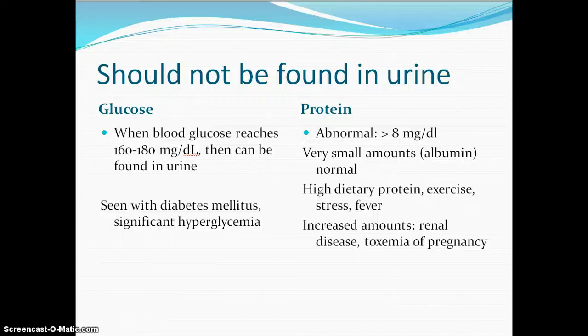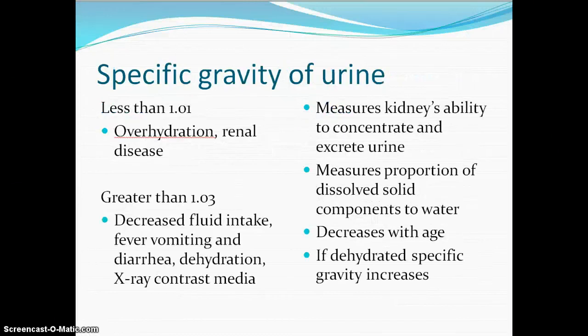What we should not have in urine, again, is our glucose, and any protein should not be found in there. I think I skipped one. Our specific gravity of urine, less than 1.01, is from a patient that's overhydrated. They've drunk a lot of fluid, because our normal specific gravity tells us about the ability of the kidneys to concentrate urine.